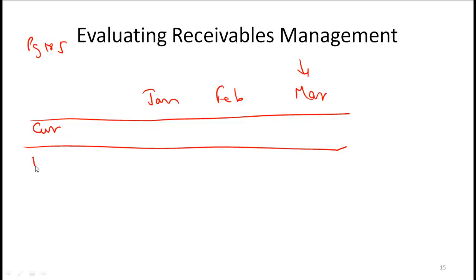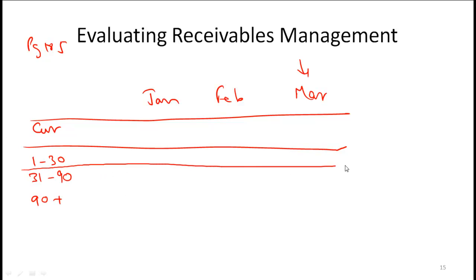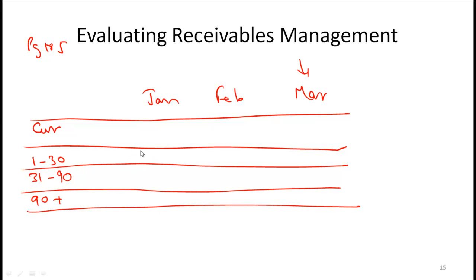And then you will have buckets like 1 to 30 days overdue, 31 to, let's say, make it simple, 31 to 90 days overdue, and then 90 plus overdue. And you want to see then what percentage of your receivables fall within each of these buckets. So if you have a situation where you have 30%, 30% and 40%, this is the most dangerous cycle.